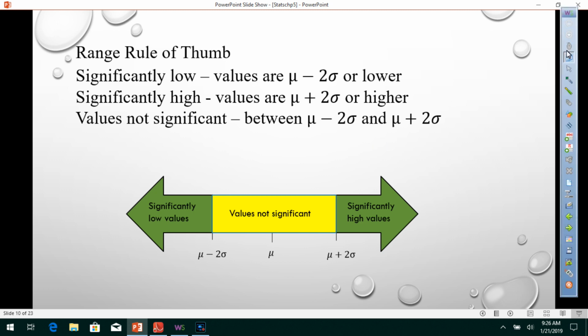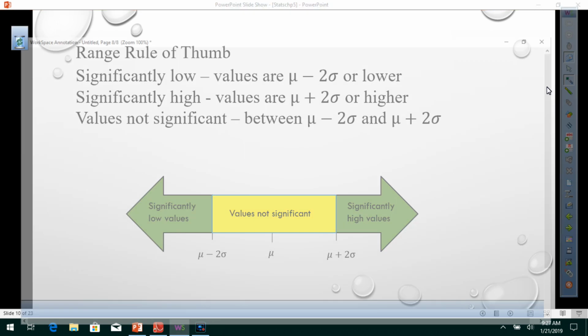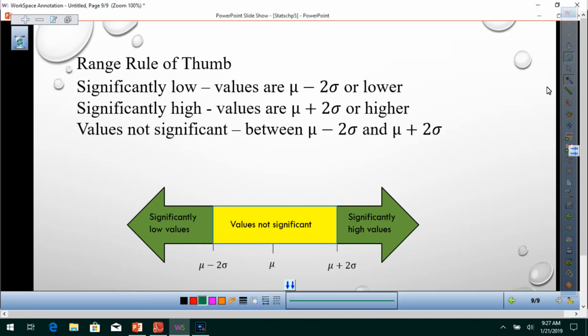All right. Well, what about what we just did? We found that tossing 2 coins, the mean was 1 and the standard deviation was 0.7, right? We'll use those results. So what do we got here?